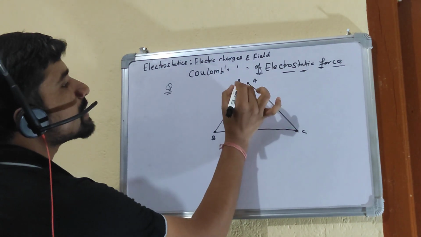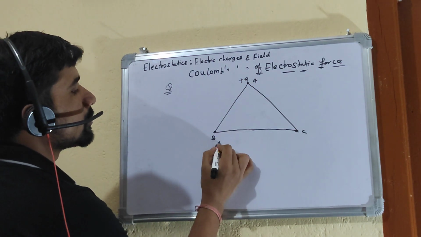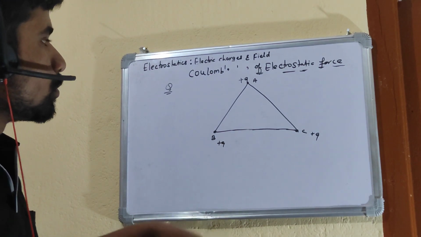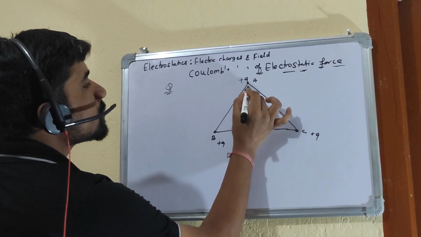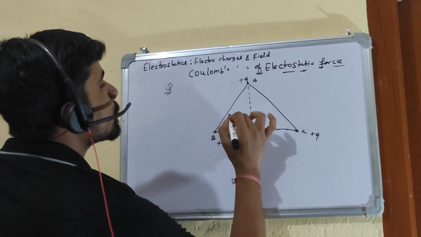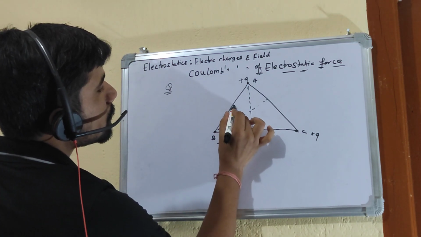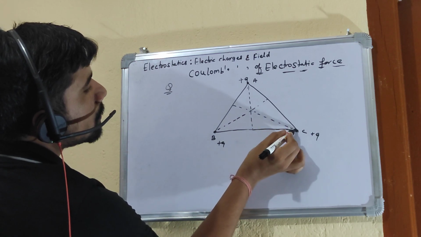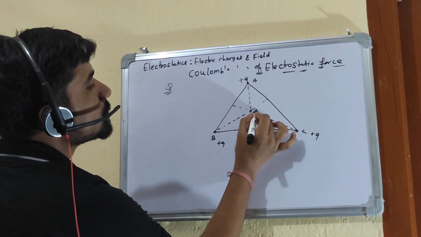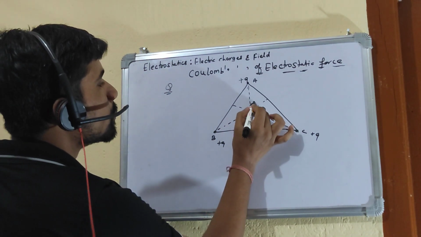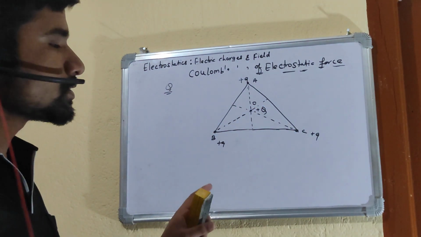Three equal charges are placed on the vertices of this equilateral triangle: plus Q, plus Q and plus Q. Now, at the centroid of this triangle, we have a charge plus Q. Let's say this point is O.